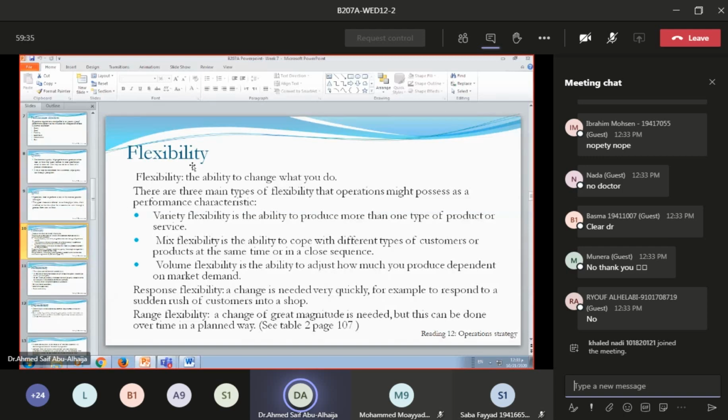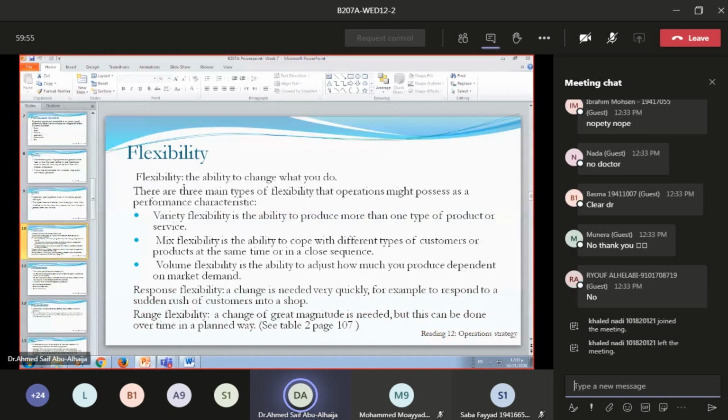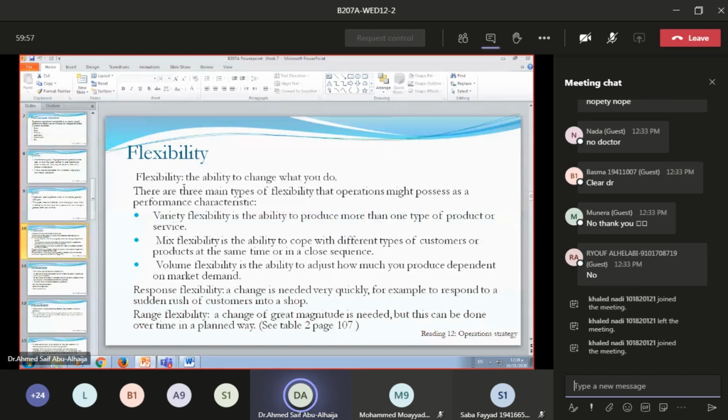A dynamic environment means there are changes in the market. Can you accommodate these changes? Can you absorb these changes? Can you analyze these changes? So how much flexibility do you have? The more flexibility, the better the performance, by the way.